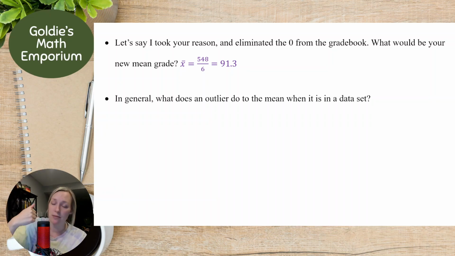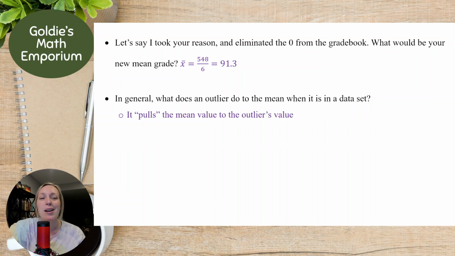That's the visual I want you to imagine when looking at outliers as they relate to the mean: outliers pull the mean value toward the outlier's value, wherever they might be. In our test scores, the outlier was low, so it wants to pull the mean down with it. In a different scenario, the outlier might be higher than the mean, and then the outlier is going to try to pull the mean up to it.